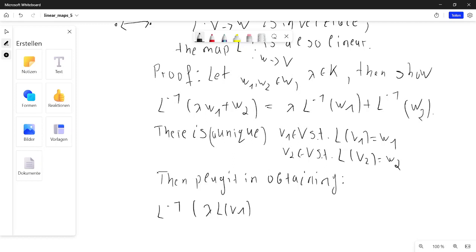Oh, okay, we don't have that equality actually, so I should not do that.